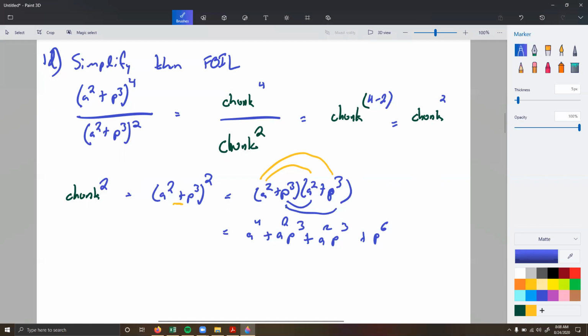Because that all lines up, then I can combine them with addition. When I do so, a to the 4th I leave, I'm going to have 2 of these critters. And this right here is your final answer. Questions about the process? Or the answer?